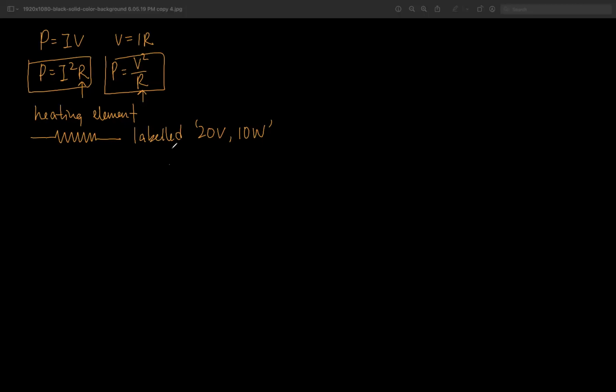This means that when you connect a 20 volt power supply to this resistor, it will operate normally. The normal operating voltage is 20 volt.